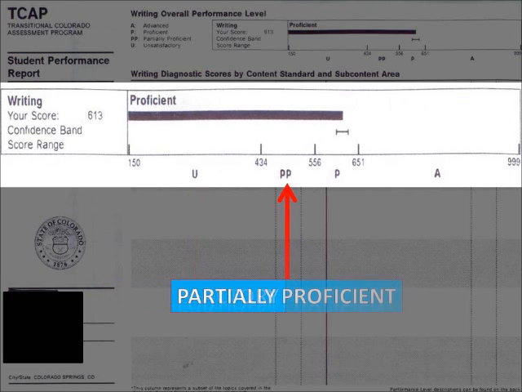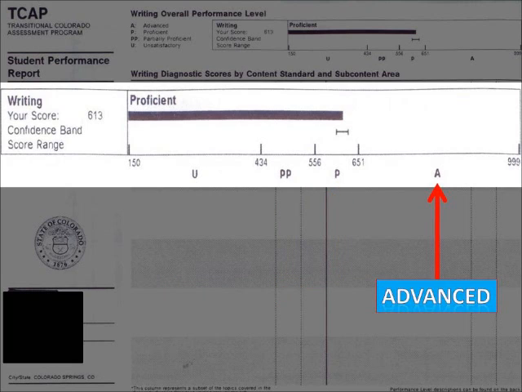You now see partially proficient. The next level is proficient. And the next level is advanced. I've highlighted the student's score so you know what he or she scored on the writing piece. And as you can see in the red circle, they scored 613. And what this means is that the student scored proficient on the TCAP writing test.